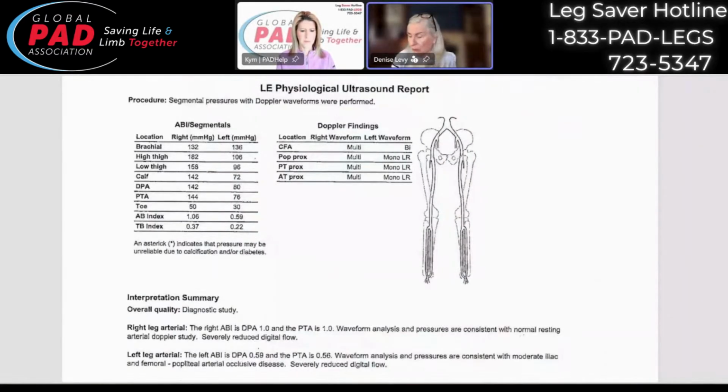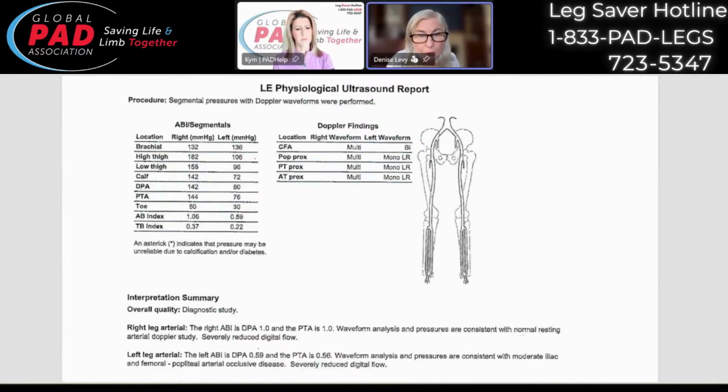And we categorize it by looking at the arm and comparing it to the leg. And what it shows is the waveforms from your first test and this one, they're monophasic, which means there's disease above, which is causing the waveform to change from 3 components to 1, so that it shows disease downstream.